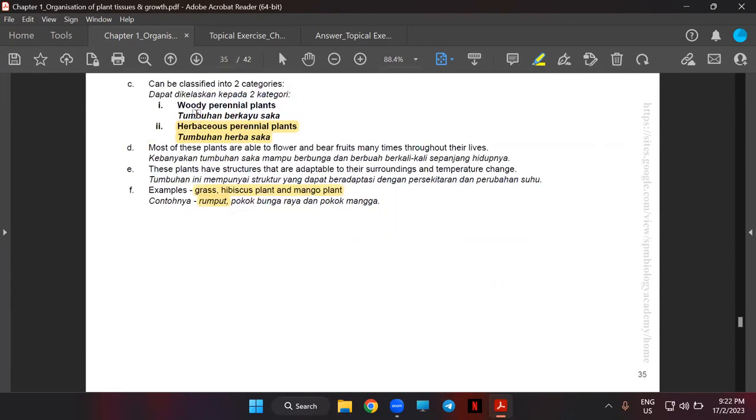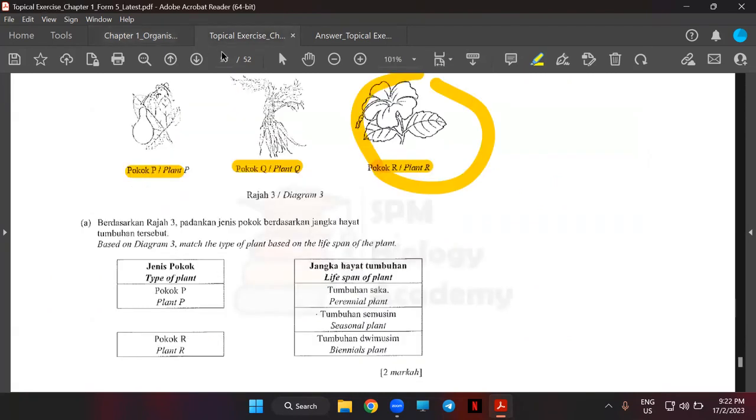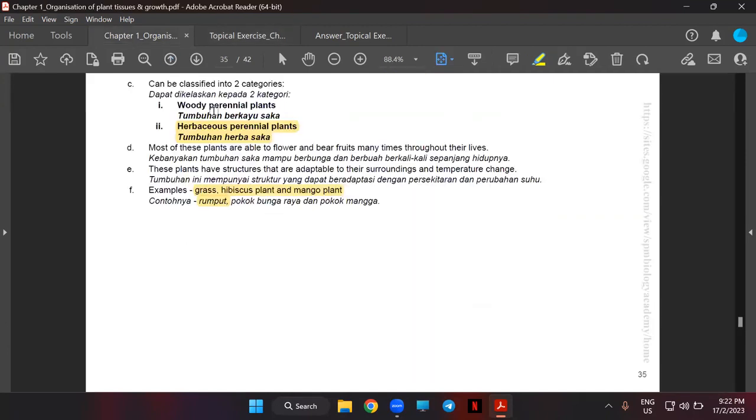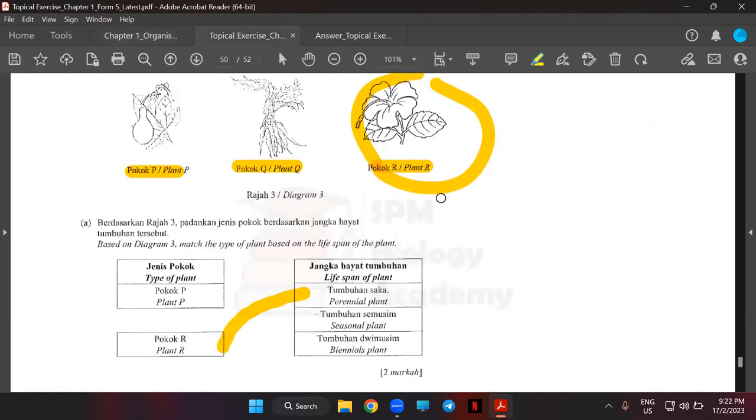This one. It comes under woody perennial plant, tumbuhan berkayu saka. So perennial plant lah. So pokok R perennial plant. To be more specific, woody perennial plant, tumbuhan berkayu saka.